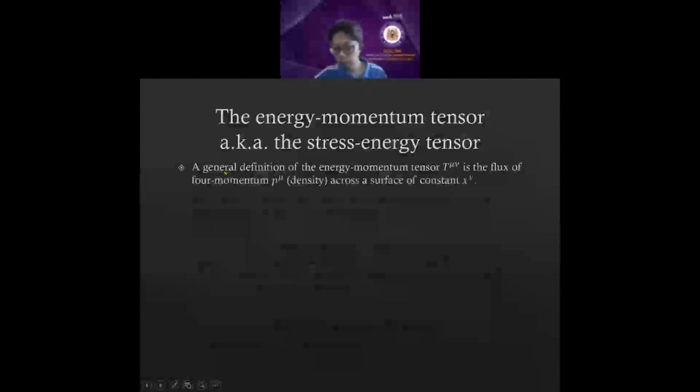By definition, the energy momentum tensor, or stress energy tensor, which we denote by this letter T with two upper indices mu and nu, is the flux of the four momentum density across a surface of constant x mu. And this is how it is defined.